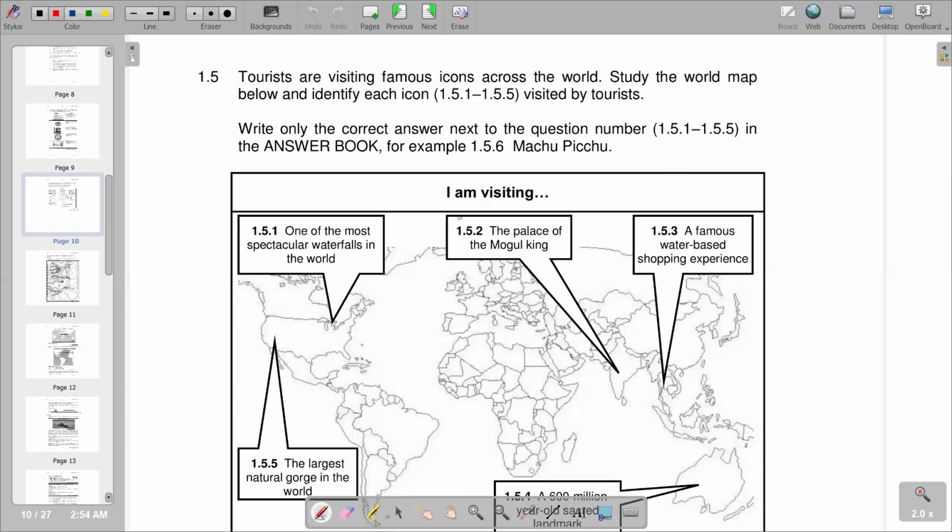book. So we are given the first part, which is 1.5.1, which is one of the most spectacular waterfalls in the world. So we need to identify it, but we have an arrow which is pointing where you can find the waterfall. So we need to identify according to the map in terms of the countries that are reflected there and see which waterfall is being referred to.